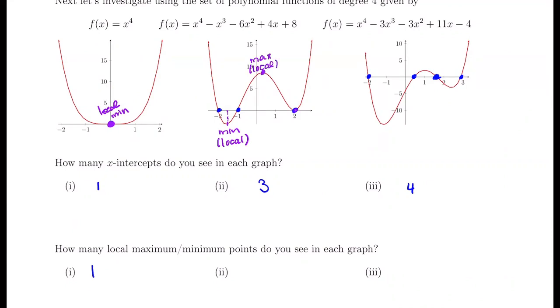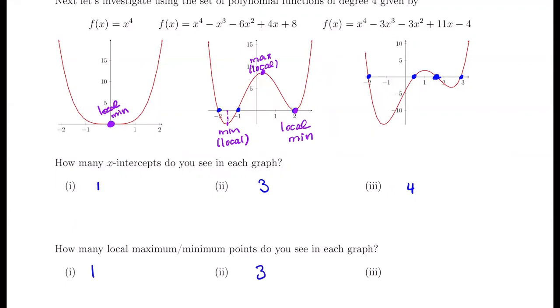And then we also have this point here, which is also a turning point or a local minimum and maximum. So this one would be the local minimum. From the graph, we would see that we have 1, 2, and 3 local maximums and minimums. So we would say 3.